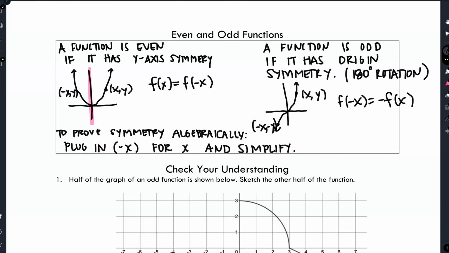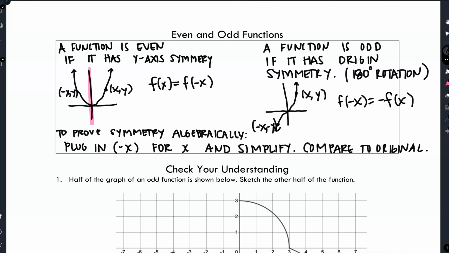And then you'll just compare the two functions that you get. You'll compare it to the original. If it's got the same operations, then it would be even. If it's all negatives, then it would be odd.